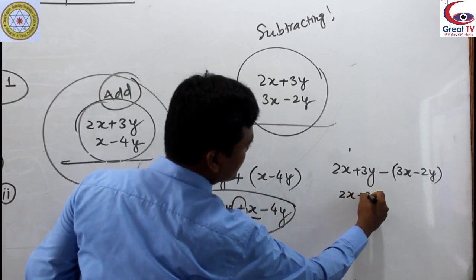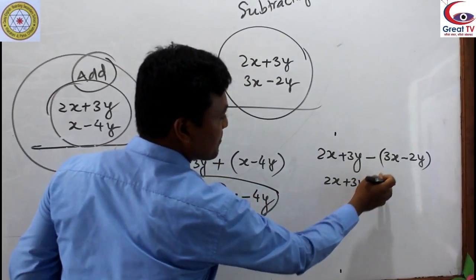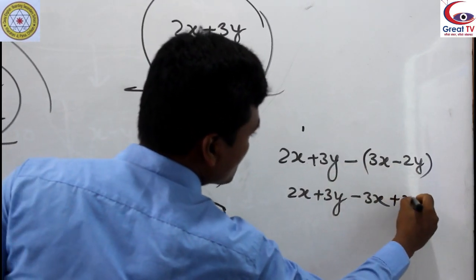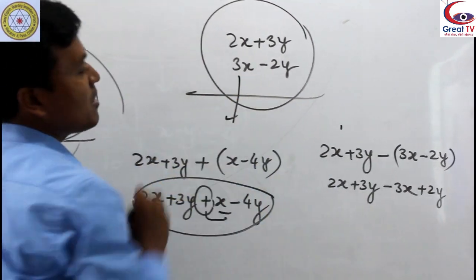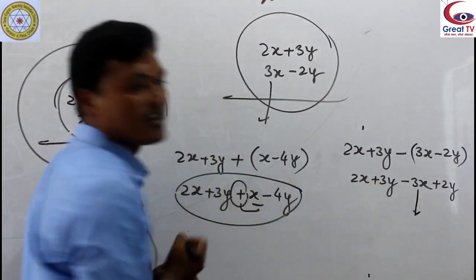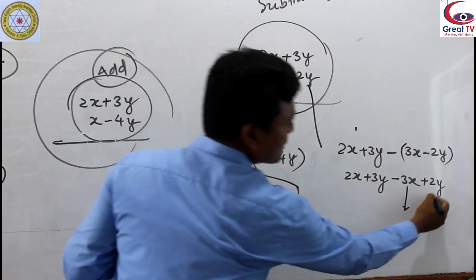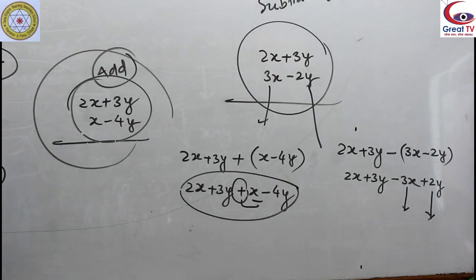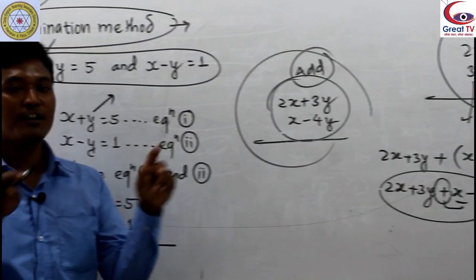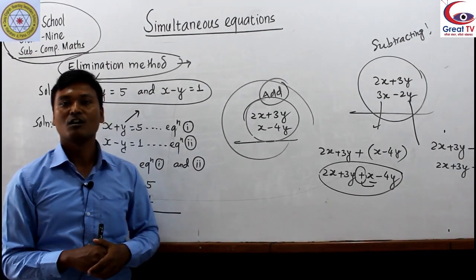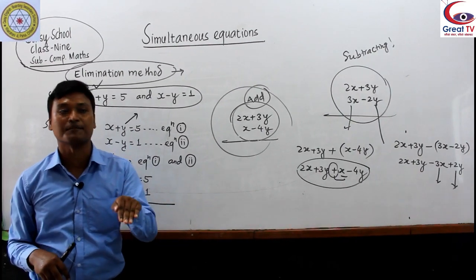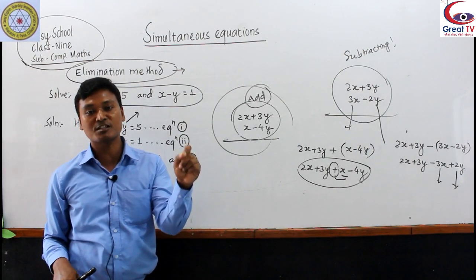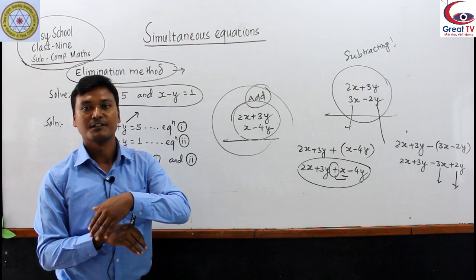So multiply by minus: plus 3x becomes minus 3x, and minus 2y becomes plus 2y. So when we are adding, don't change the sign of the terms of the equation written downside. When we are subtracting, you should change the sign of the terms of the equation written downside. Just understand this simply.